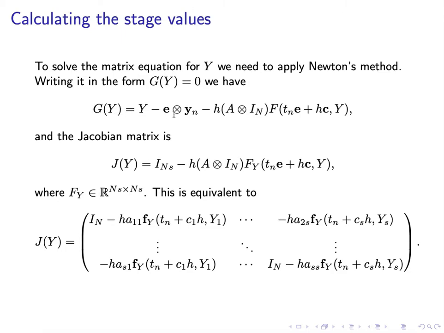Now the Jacobian matrix of this, if we differentiate with respect to each of our big Y terms, we get this. So big N is the number of equations in your system, S is the number of stages in your method. So we'll have an N times S by N times S identity matrix, and that's equal to this here.